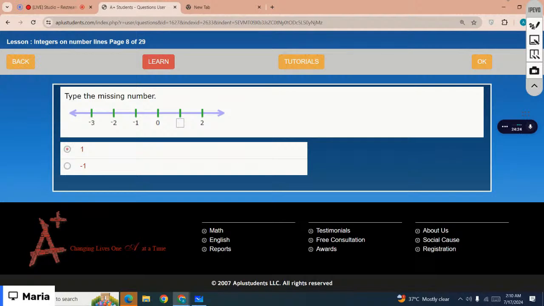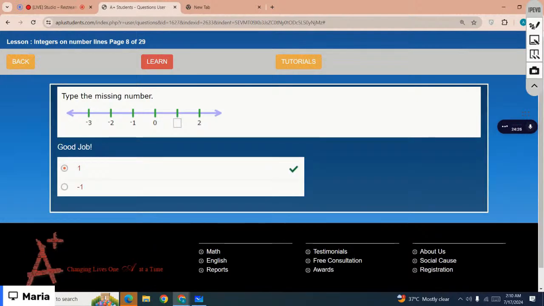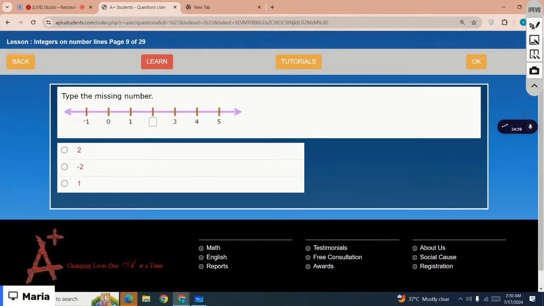Very good. The correct option is 1. Type the missing number. So which is the correct option? Yes, 2, option number 1 is the correct option.